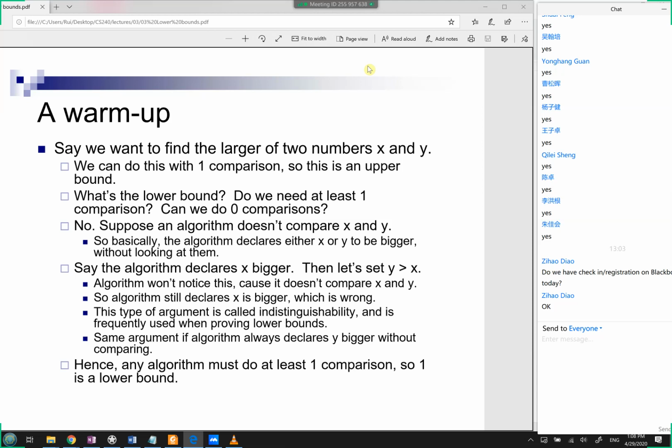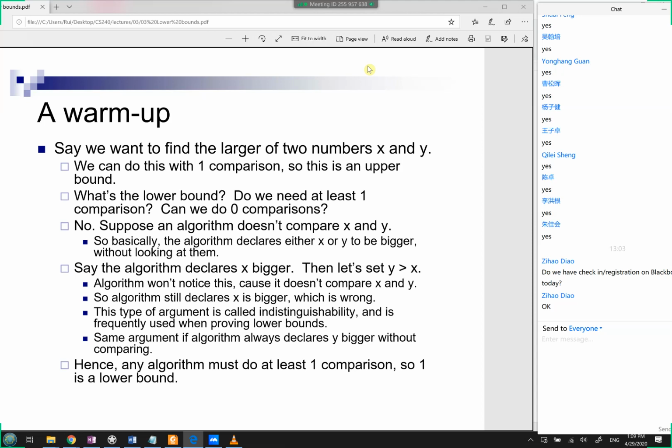This means that we're going to create two inputs, and we let the algorithm do anything it wants on the first input. Call these x and y. The algorithm can do anything it wants on the input x, because we don't put any restrictions on the algorithm. However, then we're going to argue that the other input y is somehow indistinguishable from the first input x.